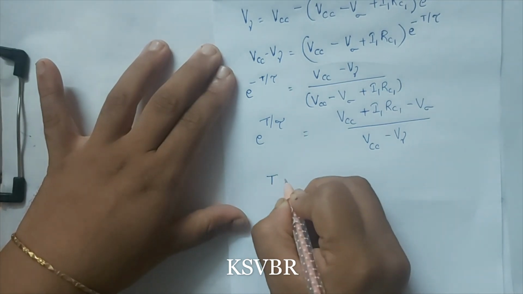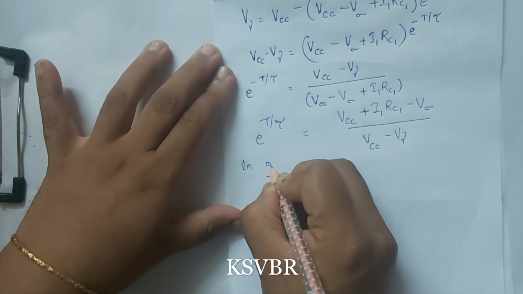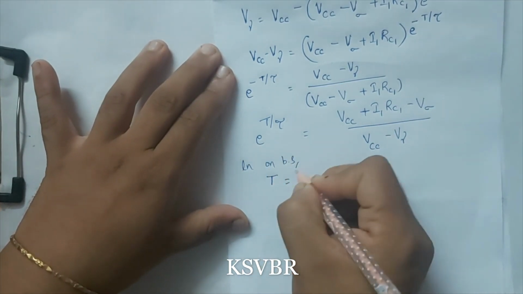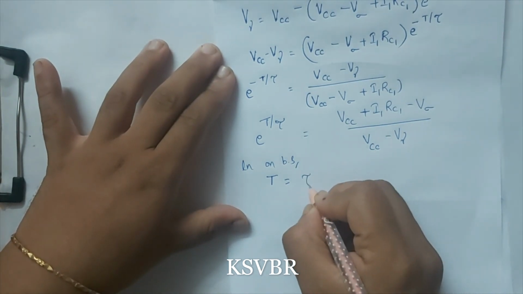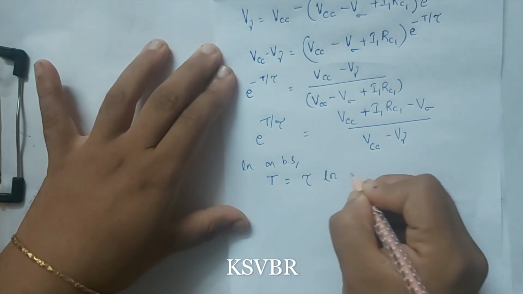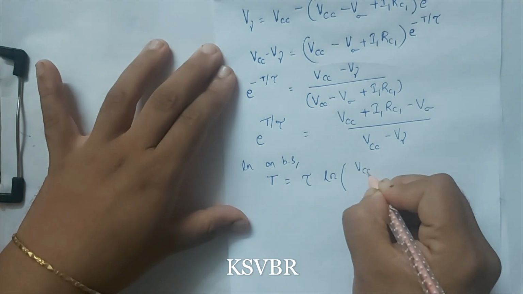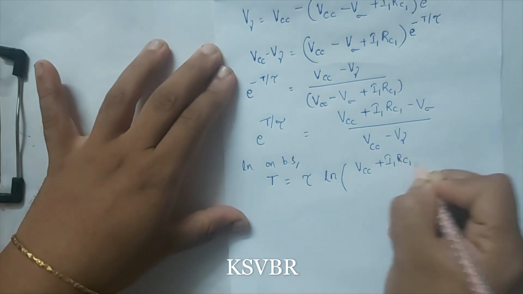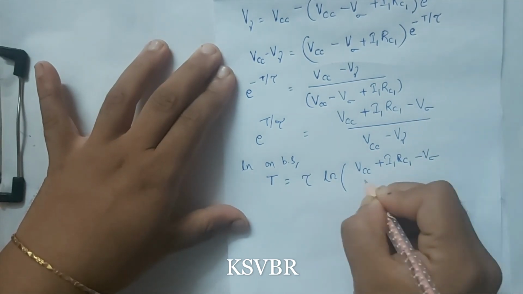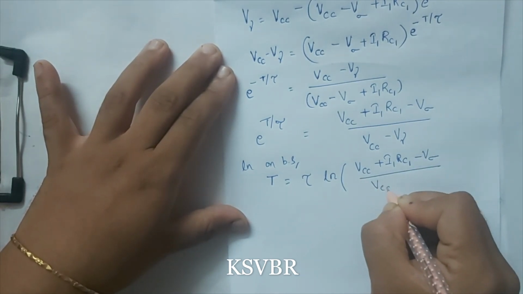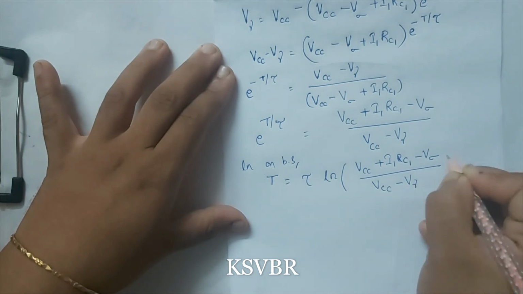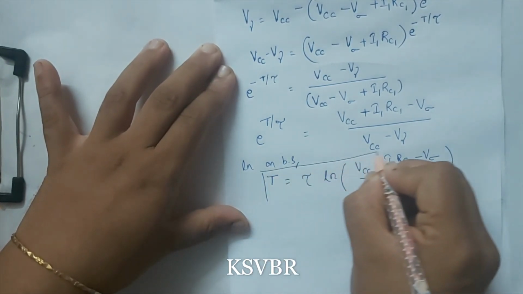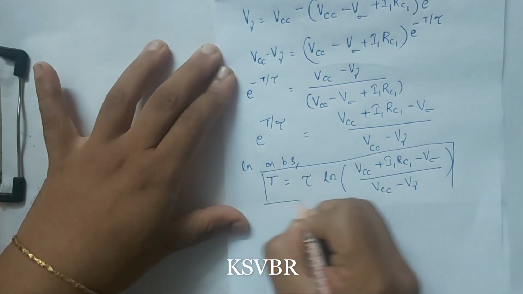So if you take ln on both sides, capital T is equal to tau ln of VCC plus I1 RC1 minus V sigma by VCC minus V gamma.